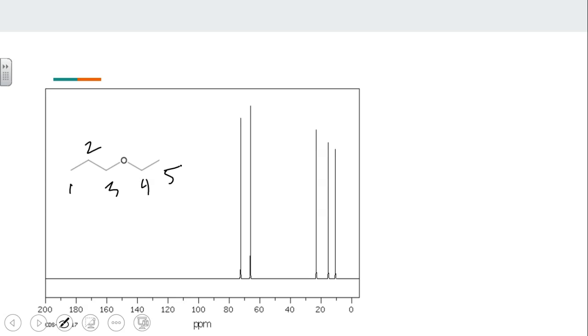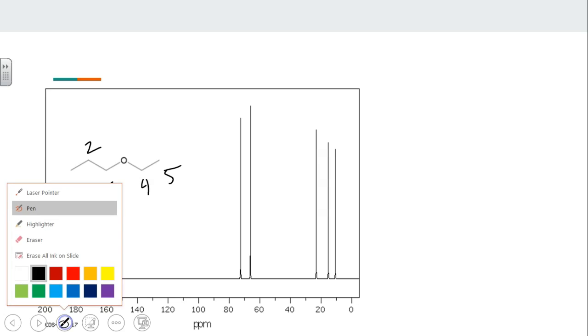Each carbon is represented by a peak in the NMR. Now, for a complete interpretation, all we really have to do is decide if it makes sense, if the chemical shift lines up with where they are in the structure. And again, in lab, you'll have structures. You're not asked to create something out of nothing here.